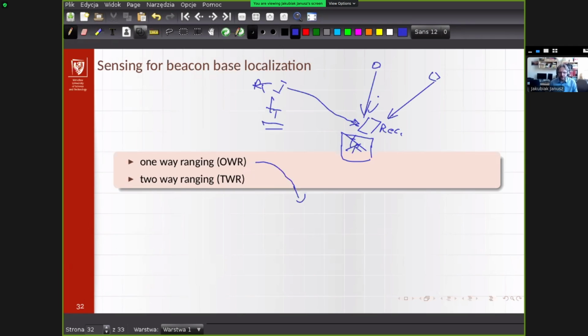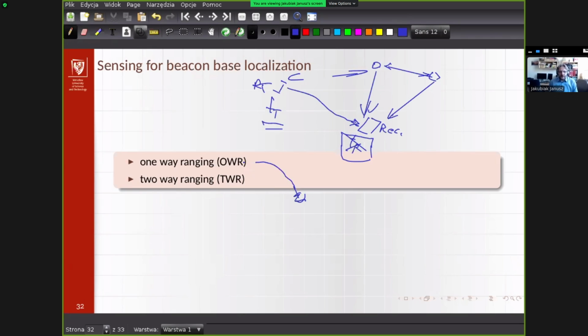You just need to know how these objects are distanced from each other, and they already transmitted by themselves, then you don't need to know the time here. You can calculate it from other methods. But we will not tell about this localization. It's in fact a part of a completely different course.